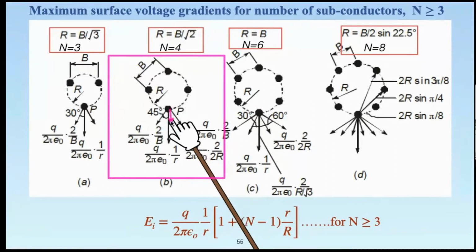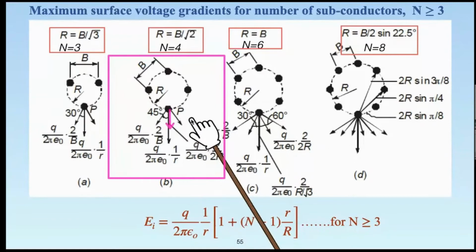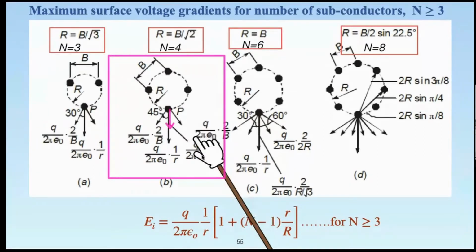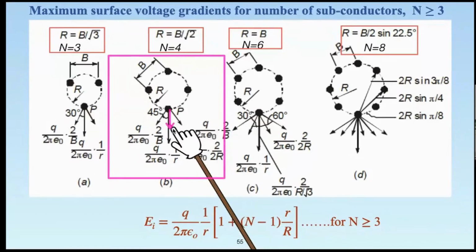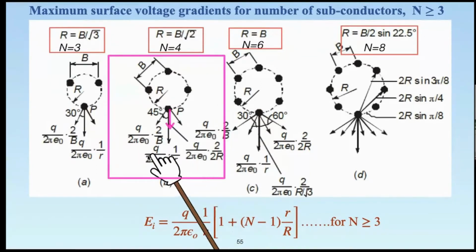First is the electric field due to charge on the conductor itself, its own charge. This particular component will be written in a very similar manner like this: Q upon twice pi epsilon 0 1 by R. This is the first component due to charge on the conductor itself, right?